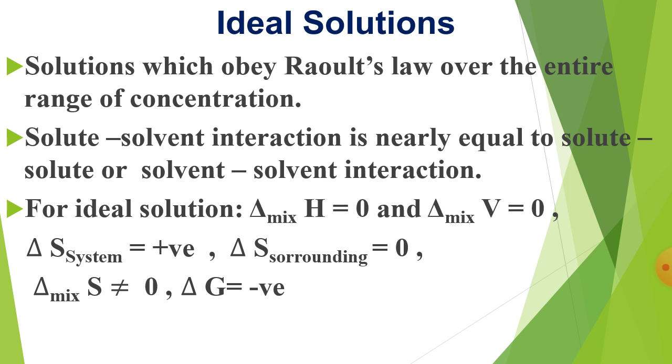Delta again here means change. S is known as entropy or randomness. System is that on which the observation can be made. It should be positive, that is more randomness.